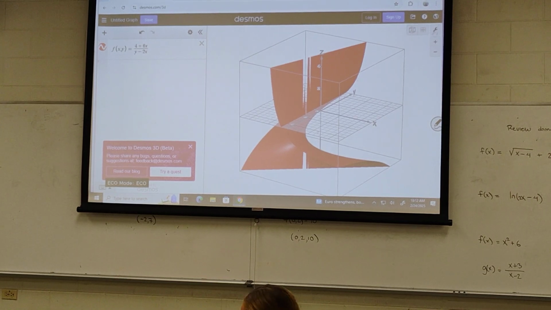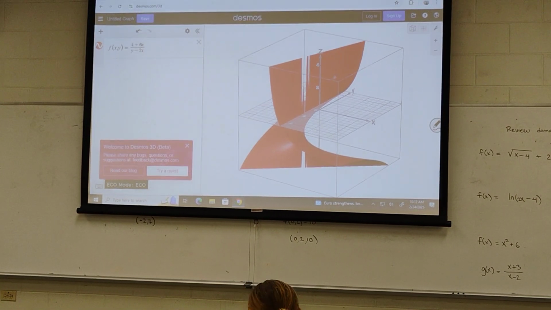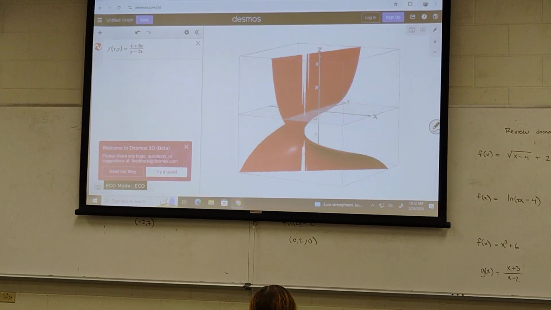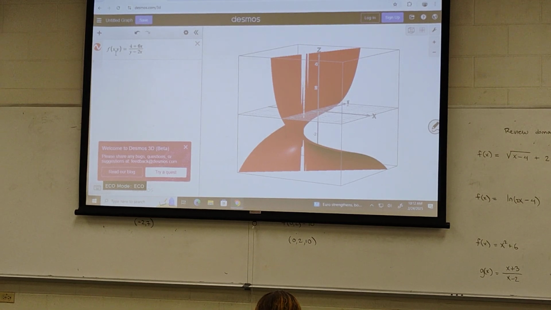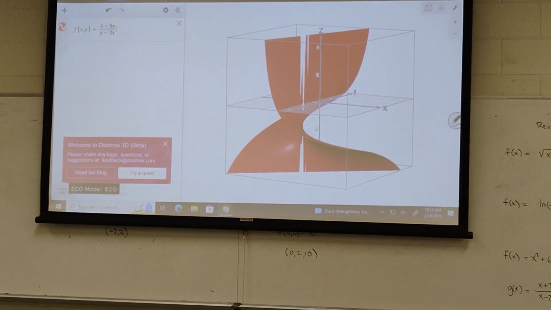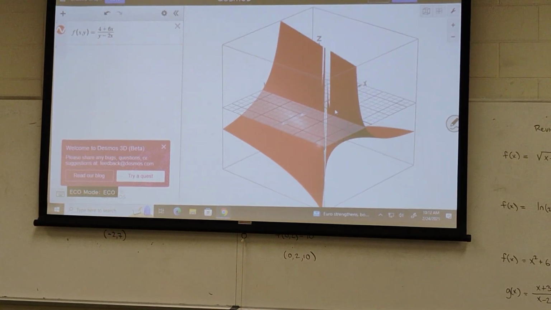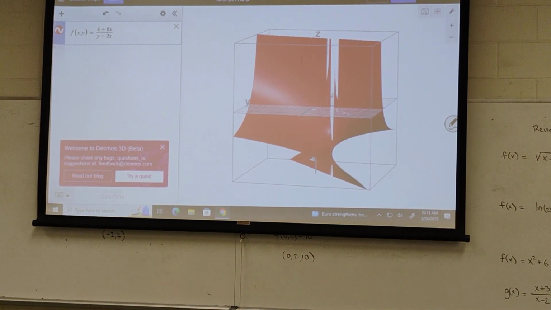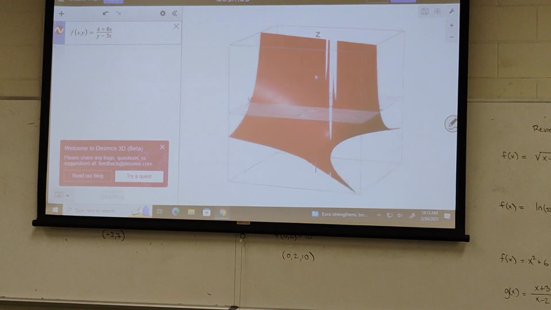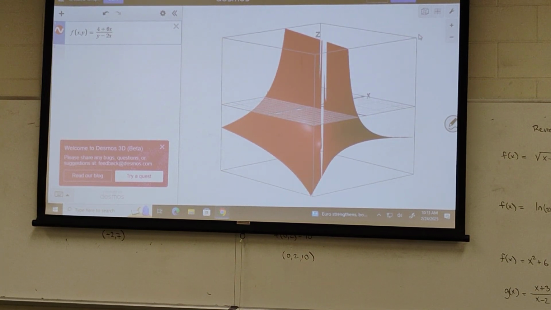Wow. So this is my surface in R3. This is the function f of x comma y equals 4 plus 6x over y minus 2x. What I'm justifying to you is you can plug in anything except points along the line y equals 2x. And here's how you can see the domain.